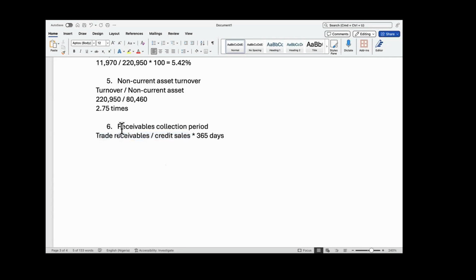So receivables collection period, just since it's starting from receivables, know that your formula starts from trade receivables, and the related item to trade receivables is credit sales multiplied by 365 days.